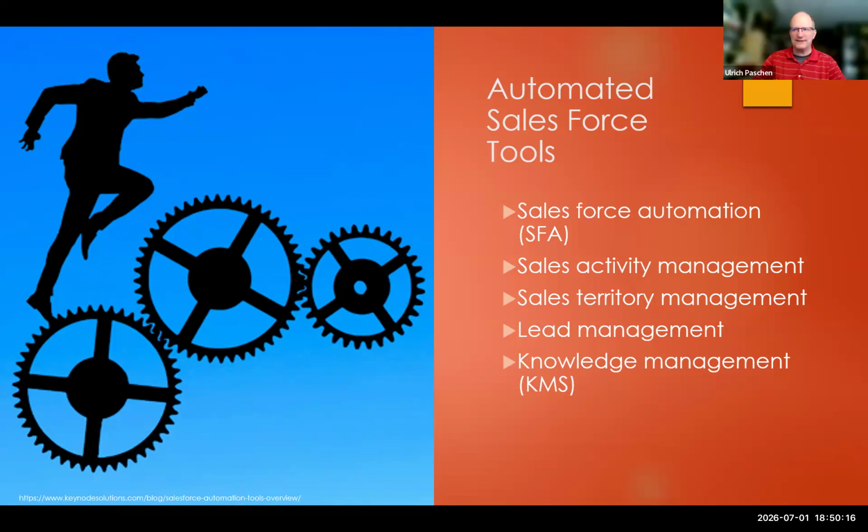Sales territory management system is often used for sales managers that oversee a number of sales representatives. So it's essentially looking after total sales per rep, how many customer contacts, and so on. So it's more of a controlling tool.